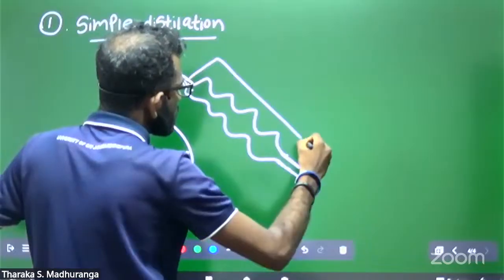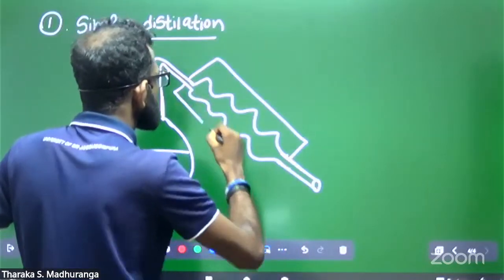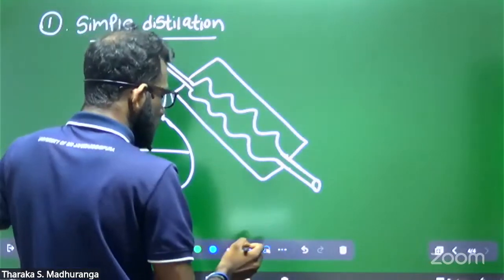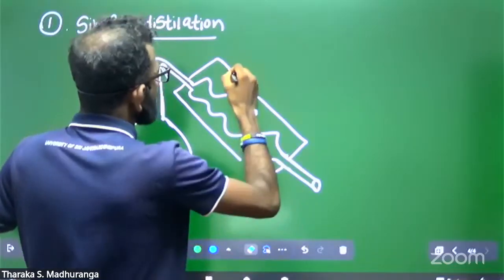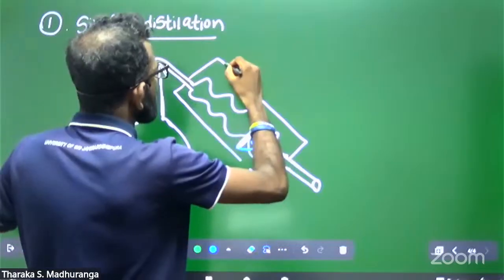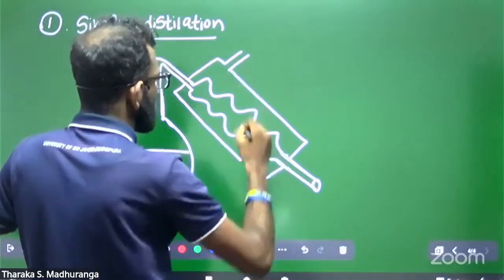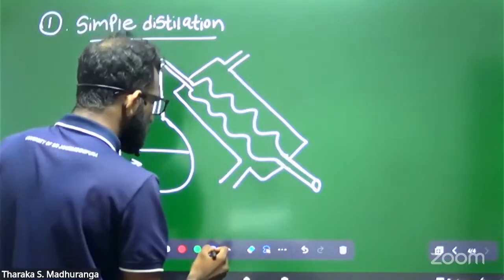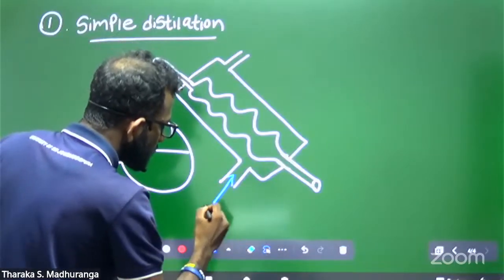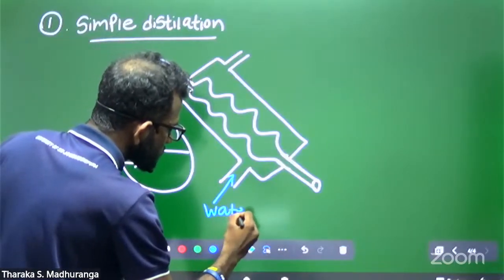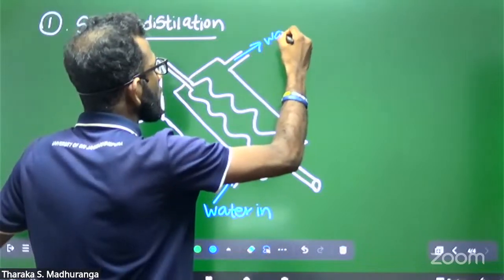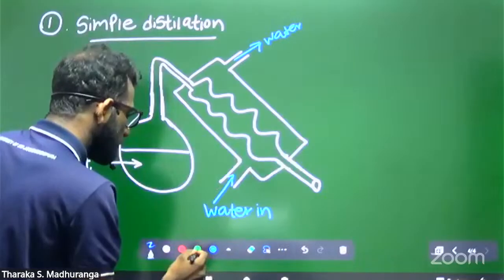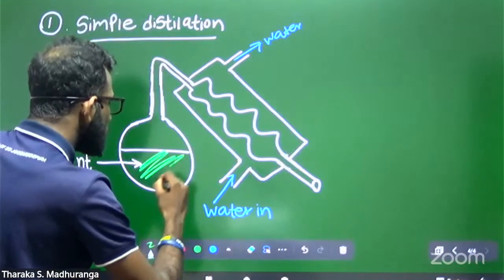Then here it should be water in, and here water out.